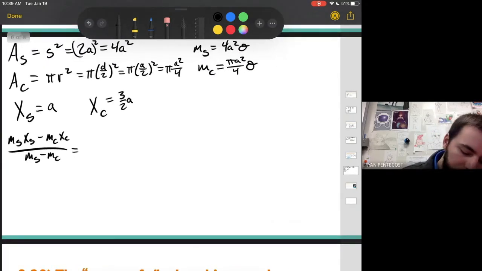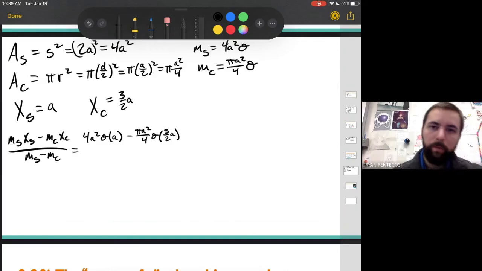We have the mass of the square, which is 4a squared sigma, and we need to multiply it by the x of the square, a, minus the mass of the circle, pi a squared over 4 sigma, times the x of the circle, which is 3/2 a.